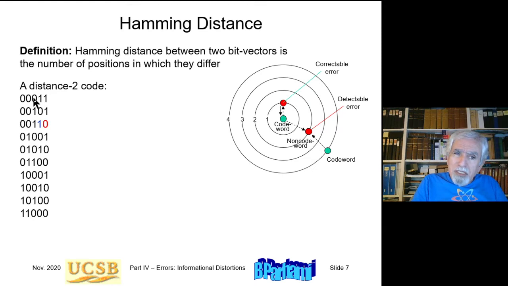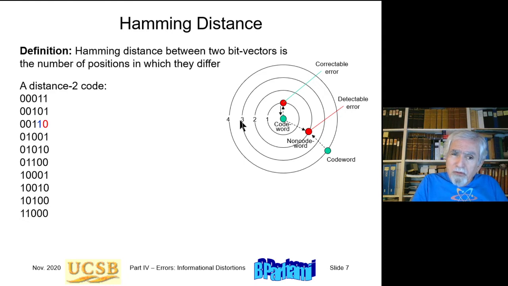I can change this 0 to 1, this 0 to 1, this 0 to 1. There are 5 ways in which I can form a word that is distance 1 away from this. So that circle represents all of those words that are distance 1 from this code. And the next circle out in this diagram are distance 2.